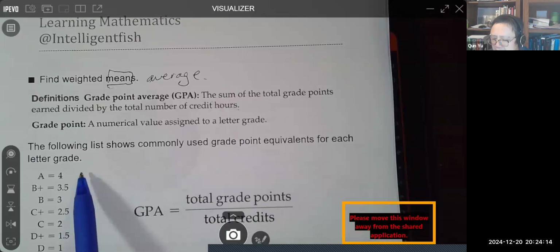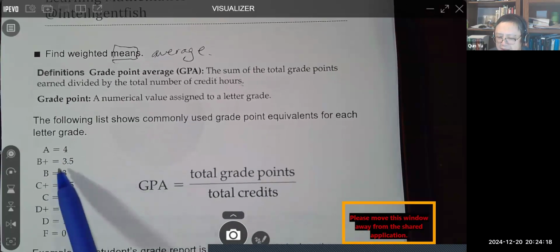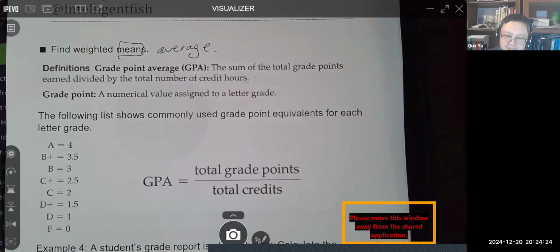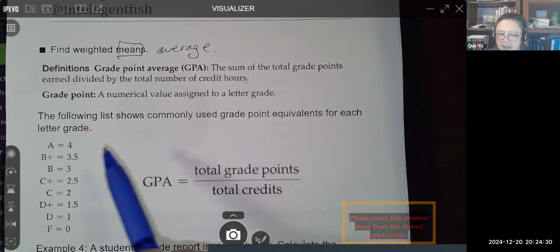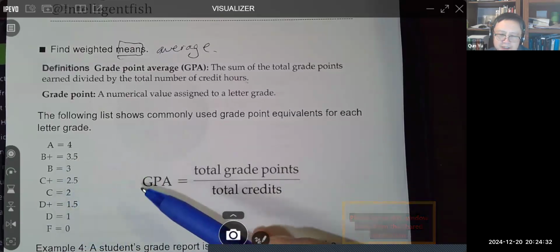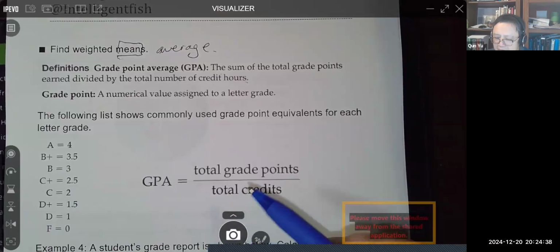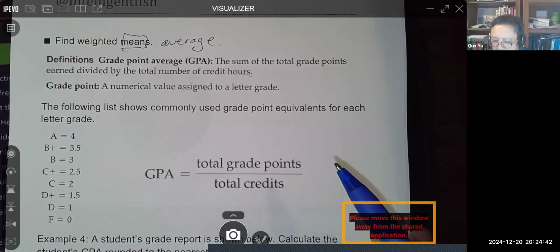Now, this weighted mean method is just a quicker, more efficient way to calculate the true average. Otherwise, you can still get the same average by adding all of those numbers together, even though they're repeating. Just add them repeatedly. Eventually, you're going to get the same average. But the weighted mean method is just a more efficient way to do it.